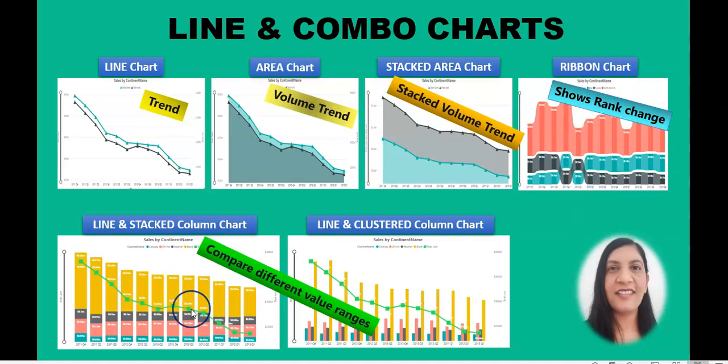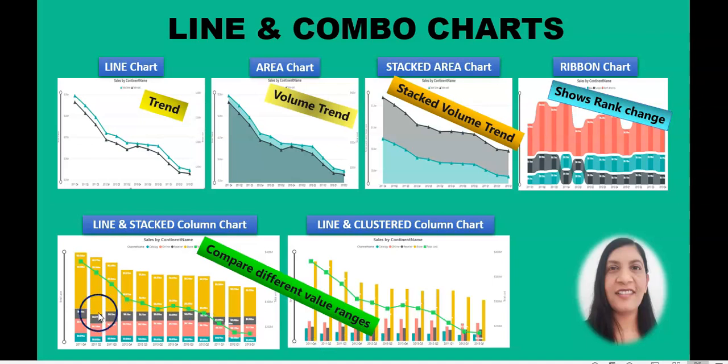And if you have data that you want to plot on one visual, but it has two different types of units, then you can use the combo chart, either a line and stacked column chart or a line and clustered column chart, because it compares different value ranges.